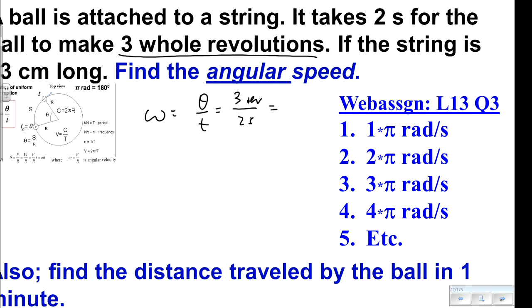We want radians per second. So 1 revolution is equal to how many radians? 2 pi. That's it. 2 and 2 cancel. Radians per second. And all other equations could be used.